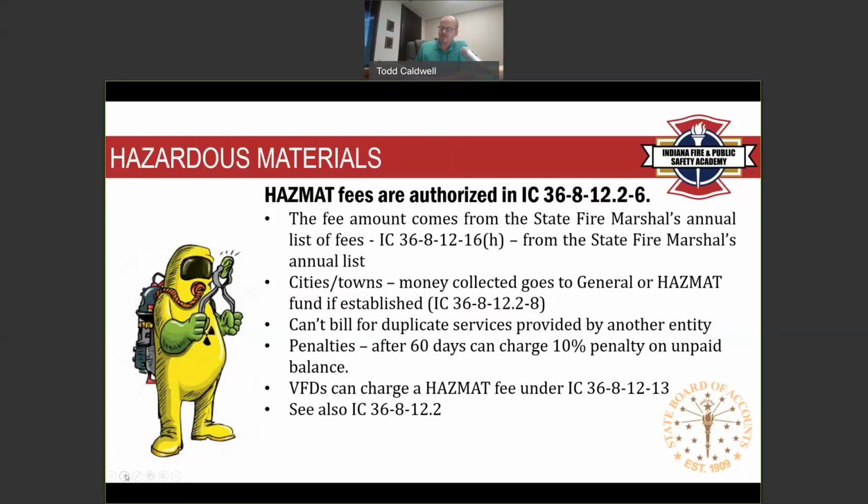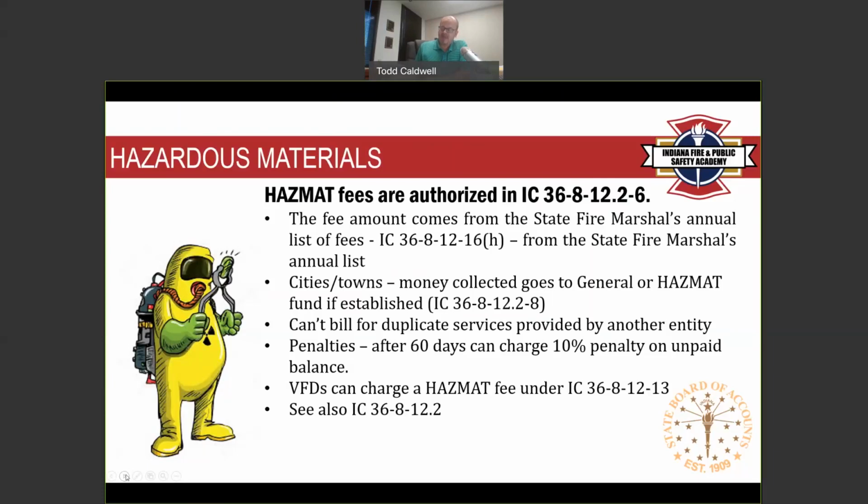And that money can be used for the purchase of supplies and equipment used in hazmat responses, the training for members of the fire department in skills necessary for providing hazardous material assistance, and payment to persons with which the fire department contracts to provide the services related to hazmat assistance.